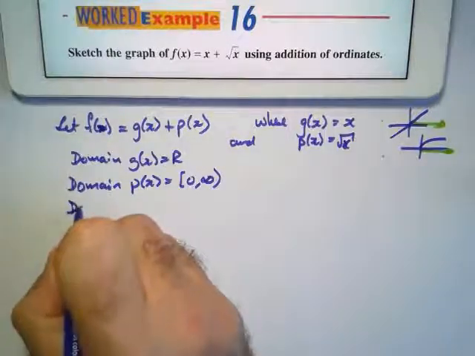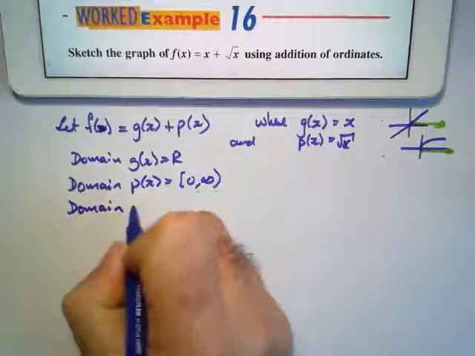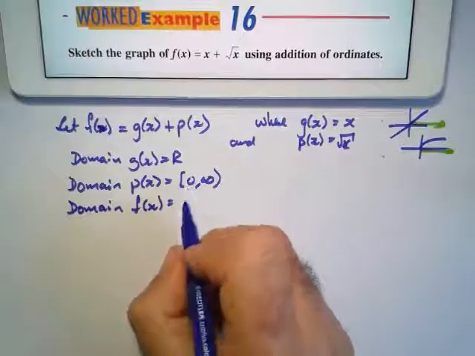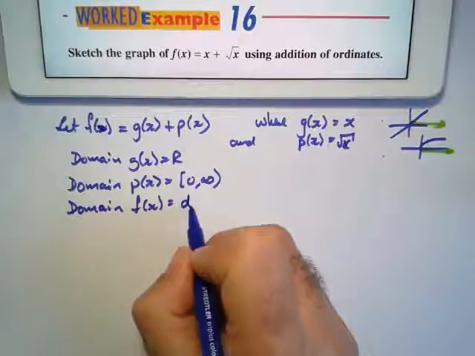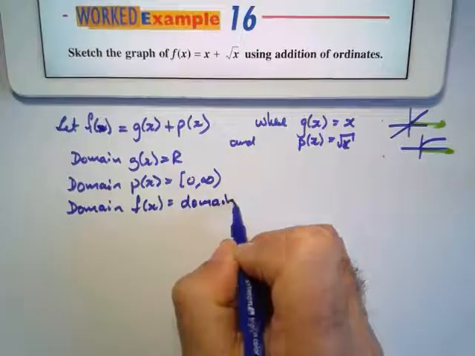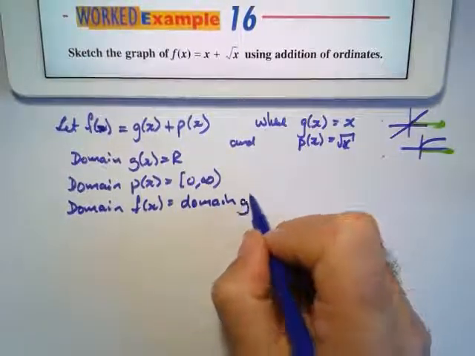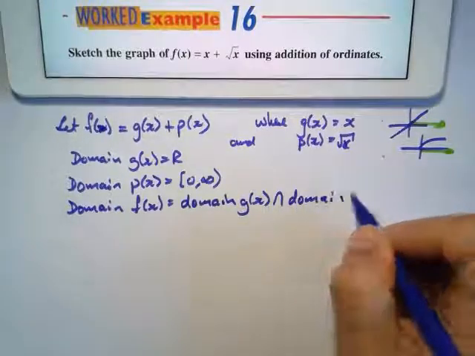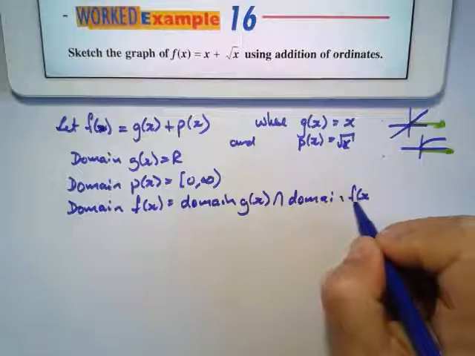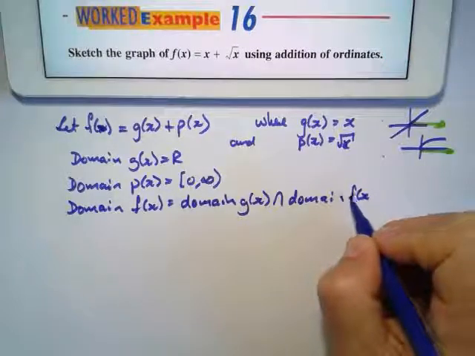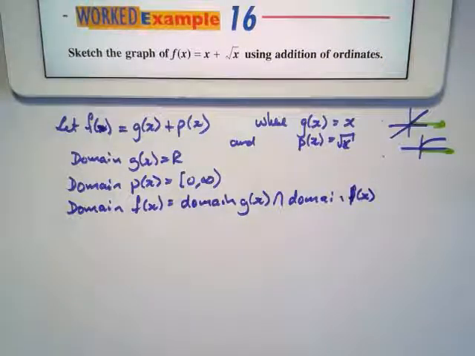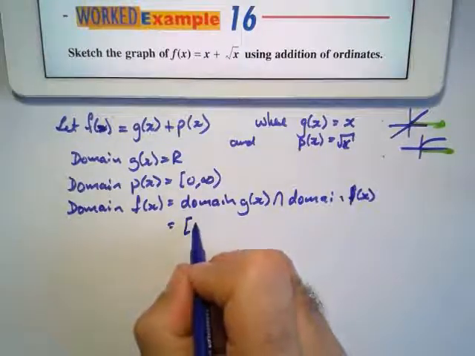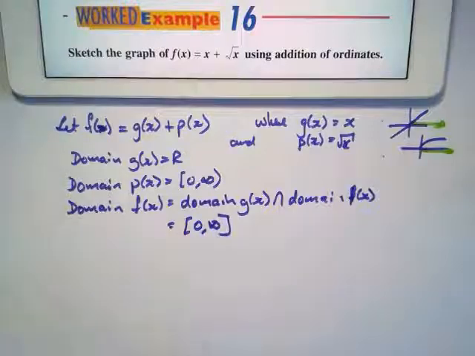Therefore, the domain of f(x) equals the domain of g(x) and the domain of p(x). In other words, that is only from there onwards, so that is from 0 to infinity.